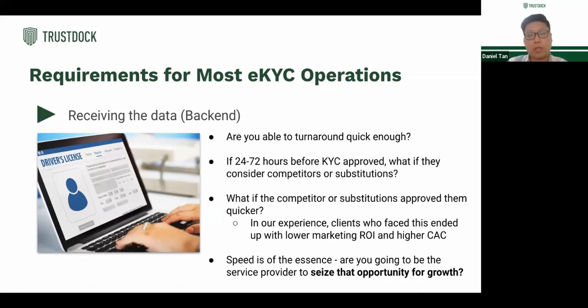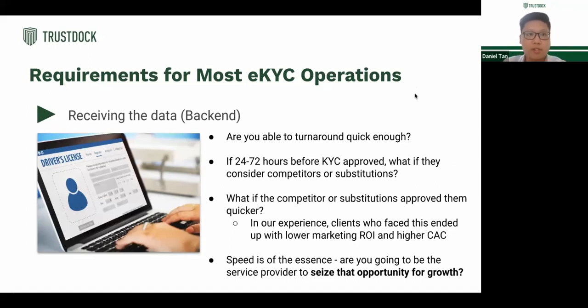For example, if your whole KYC process takes 24 to 72 hours before it is finally approved, what if they consider competitors or substitutions? And what if those alternatives had approved their account even quicker than you have? In our process, clients who actually faced this issue ended up with lower marketing returns on investments and higher customer acquisition costs. So speed is basically of the essence.